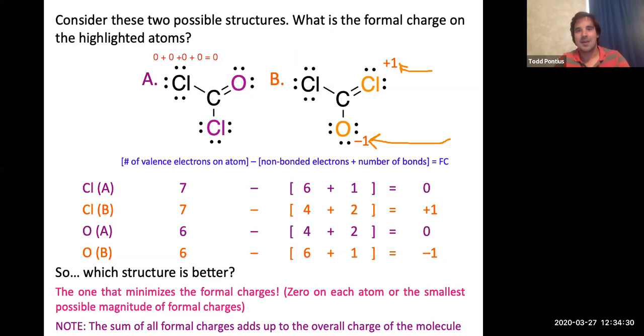Neat. On molecule B, it's the same general formula. In this case, we have 2 atoms that have 0 formal charge. We have one that has a -1 formal charge, and we have a +1 as well. But again, all the formal charges add up to 0 because it's a neutral molecule. Are there any questions about that?